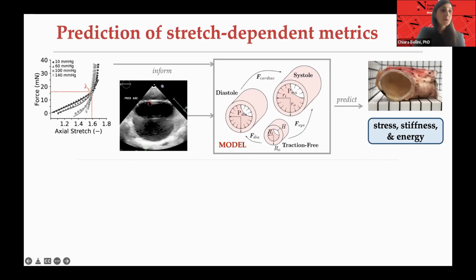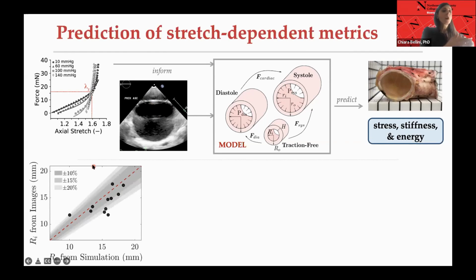We then use patient-specific values of systolic pressure, thickness, and luminal diameter that are measured from images to estimate the unloaded diameter in the traction-free configuration by solving the equilibrium equation. Finally, we use the estimated unloaded diameter to predict the circumferential deformation within the desired range of pressure, from which we then calculated the mechanical metrics of interest.